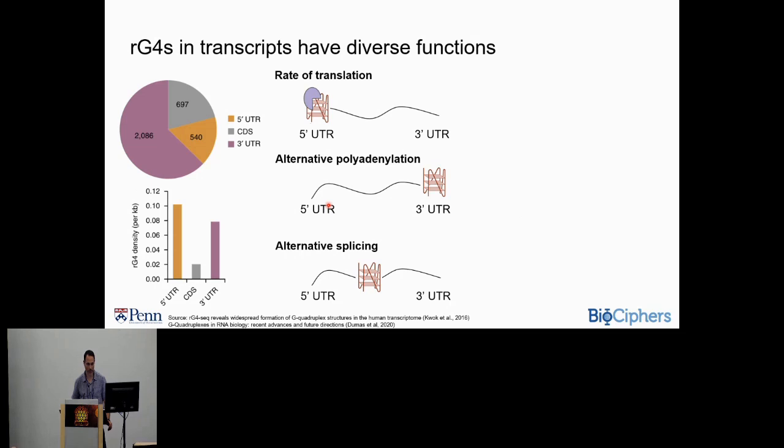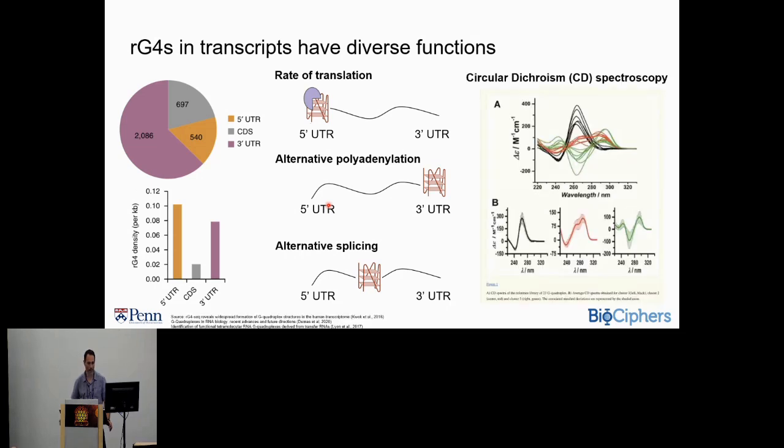How do we detect them experimentally? There's two main methods that we'll mention today. One of them is circular dichroism, which is a spectroscopy method. You can see here the x-axis is wavelength, and you can get different measurements, different temperatures, and you can add ions, potassium or lithium, and see the changes in the spectrum, and you get a characteristic curve for their formation.